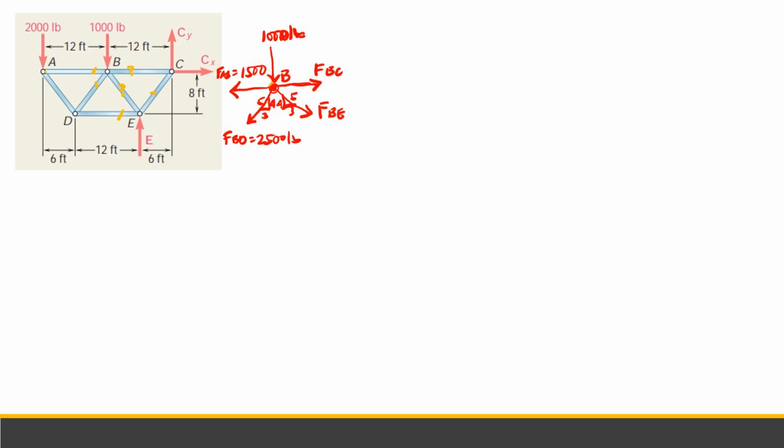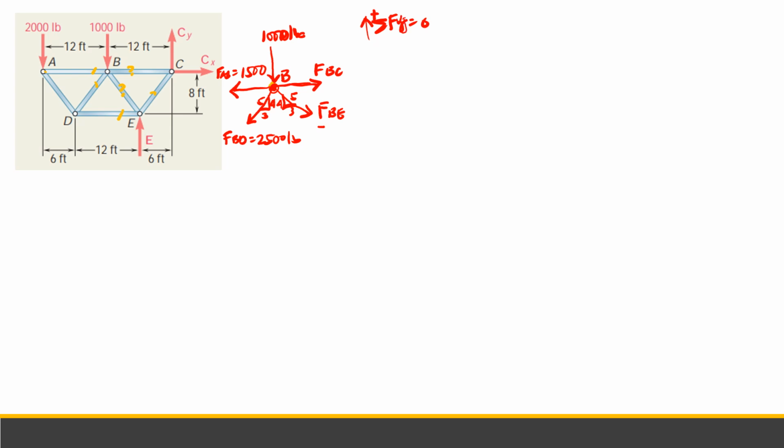We'll first take the summation of forces. Meron tayong unknown na X, which is FBC and FBEX, and isa lang yung unknown natin na Y on the y-axis, so that is the Y component of FBE. So we can start with the summation of forces along Y equals 0, upward positive.